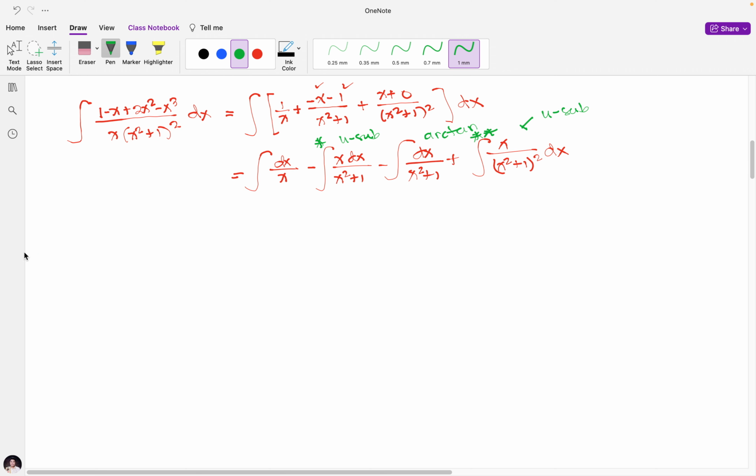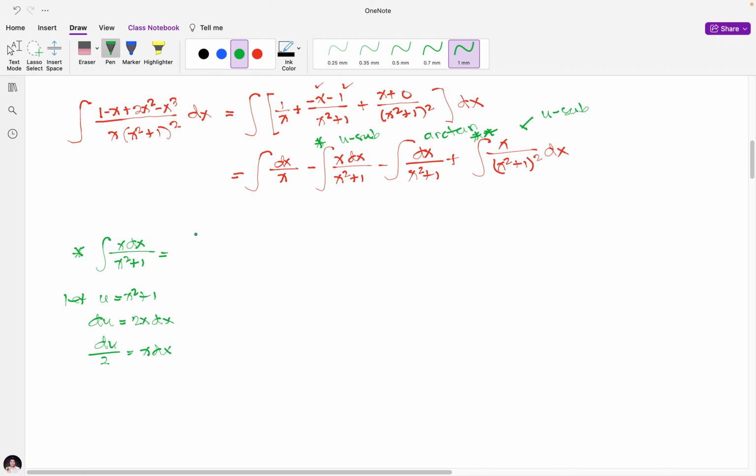Right? So therefore, first muna, the integral of x dx over x squared plus 1. We let u be equal to x squared plus 1, so du is equal to 2x dx. That means du over 2 is x dx, kasi x dx lang yung nasa taas.